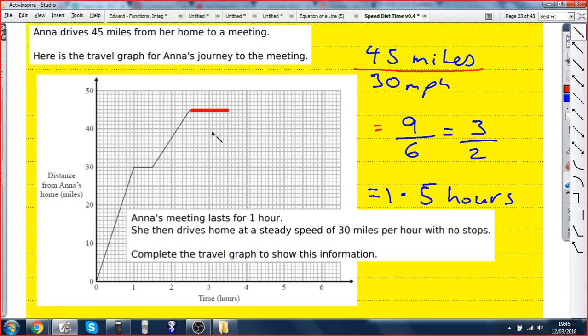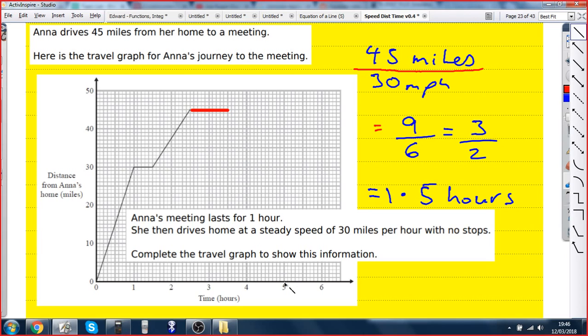So how could you use that to draw the last line? So from the line that's already drawn, you'd go along 1.5 hours, which would be to 5. Yeah, and then you draw a line down to 5.